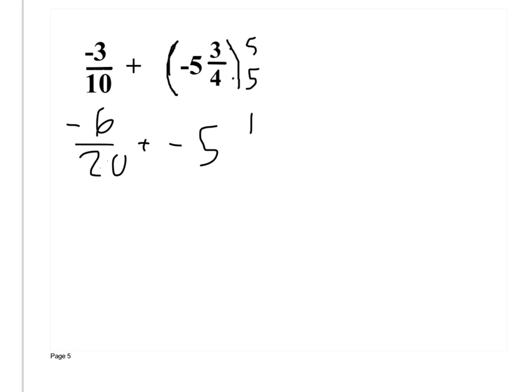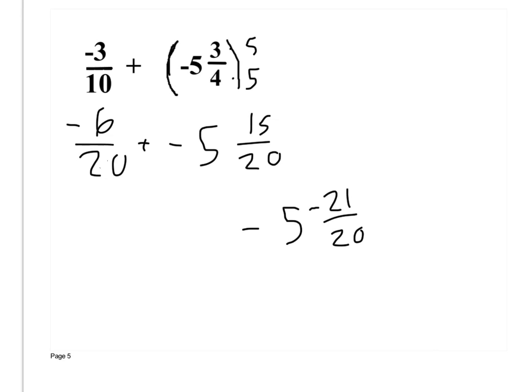So that gives me 15 over 20. So then I look here, okay, negative 5 is going to be right here. What is negative 6 plus negative 15? Negative 21.